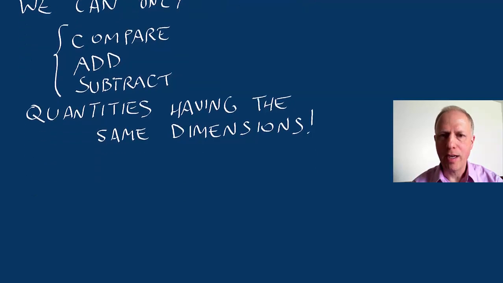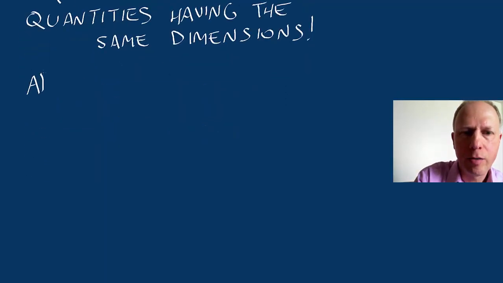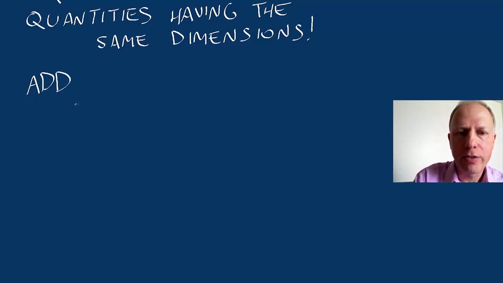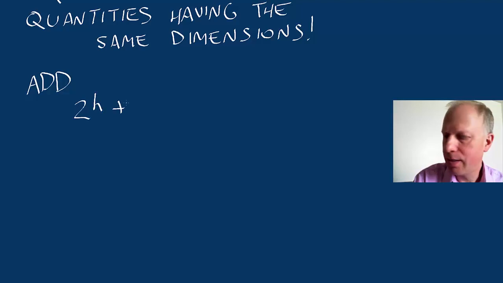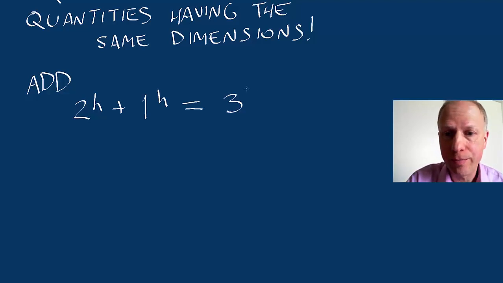Now, maybe this is obvious, but I'm going to talk about it anyway. When we add together quantities like 2 hours plus 1 hour, well, 2 plus 1 is 3, but what are the units of the result? It's hours as well.